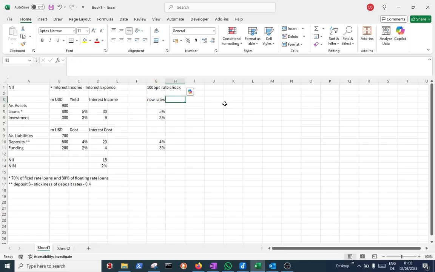Let's now calculate the interest income and interest expense that we shall get under those conditions. Expense, not cost.